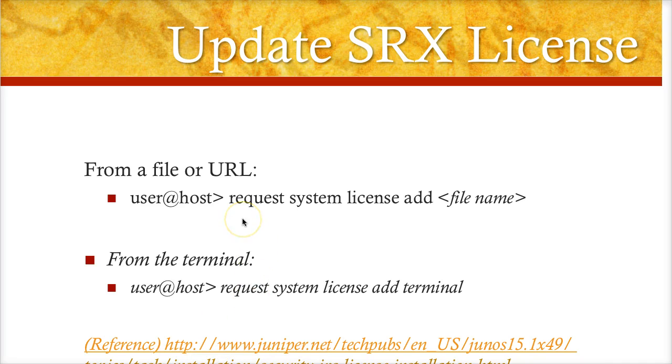So now, how do you go about adding a license on SRX? If you look at the CLI, there's a command, request system license add, and you can give it a path to the file name URL, or you can just use terminal and then cut and paste the license inline, right? And there is a reference.